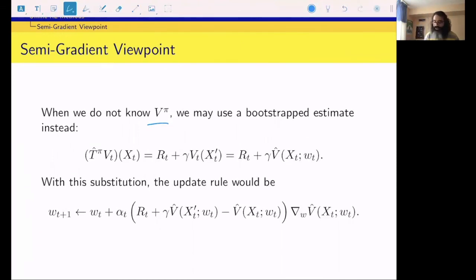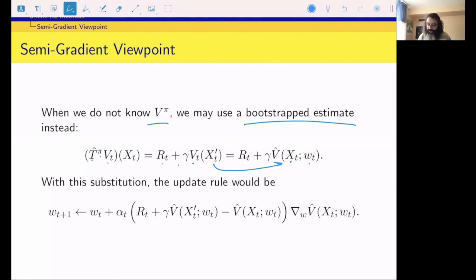So we may use something called a bootstrap estimate instead, which is essentially using the empirical Bellman operator. So T hat^π of V_t, which would be R_t plus γ V_t of X'_t. V_t is a function of the weights W, so I write it as V hat of X_t and W_t.